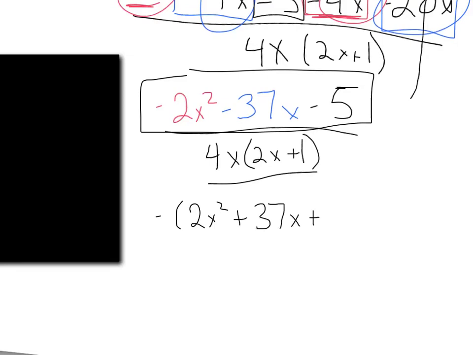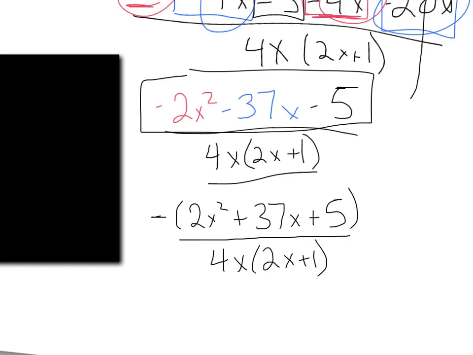Now, just because I take it out doesn't mean it goes away. Because I don't have anything on the other side of my equation, I cannot just take that negative away. Otherwise it changes the value of my expression here. It has to hang around, but I can take it out of that larger chunk on the top here.